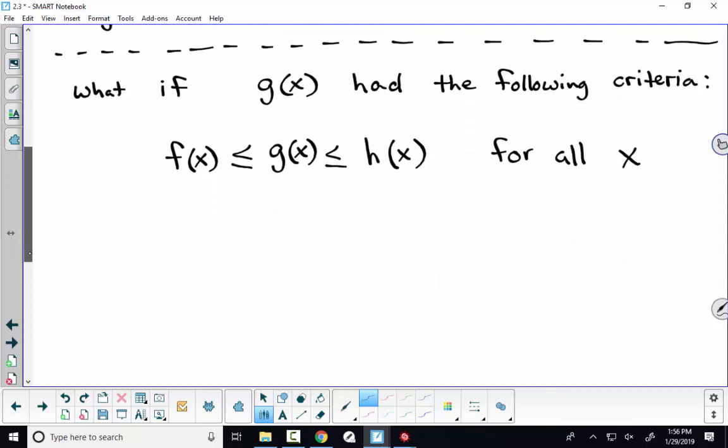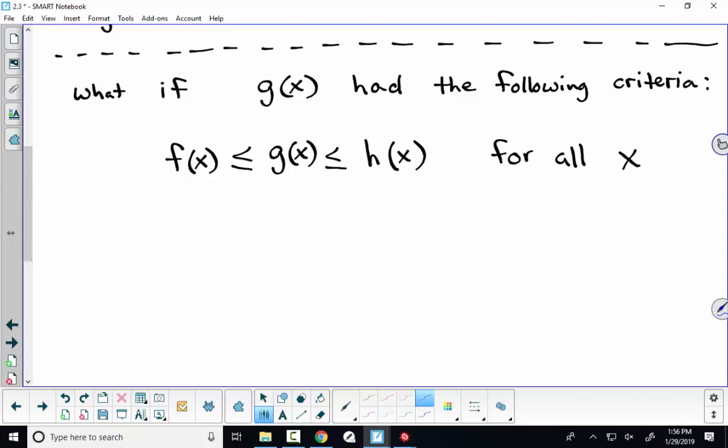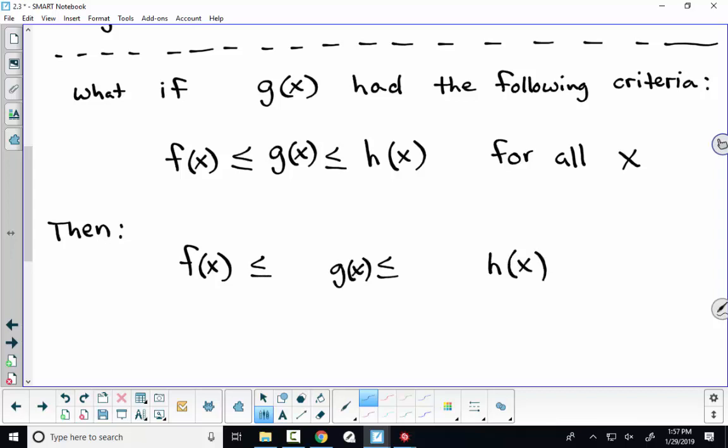Now, the reason that helps us is because we're talking about limits. So if I take this statement that holds true for all x, then when I look at the limit on all of these functions, as x approaches a, my inequality is still true, right?